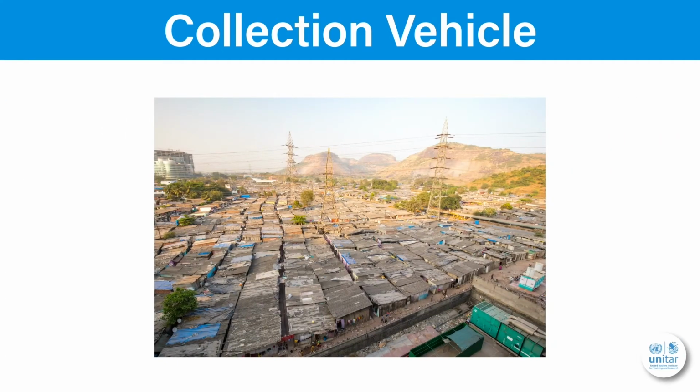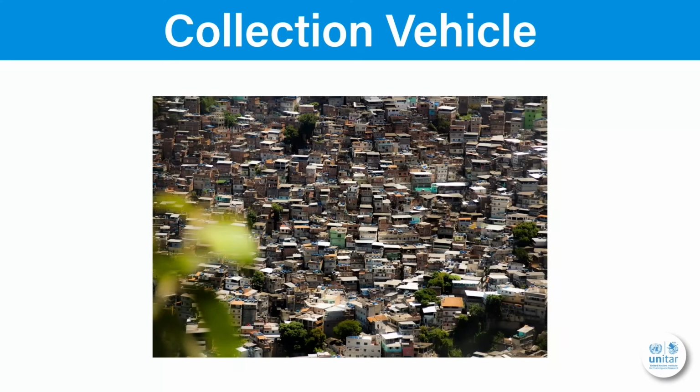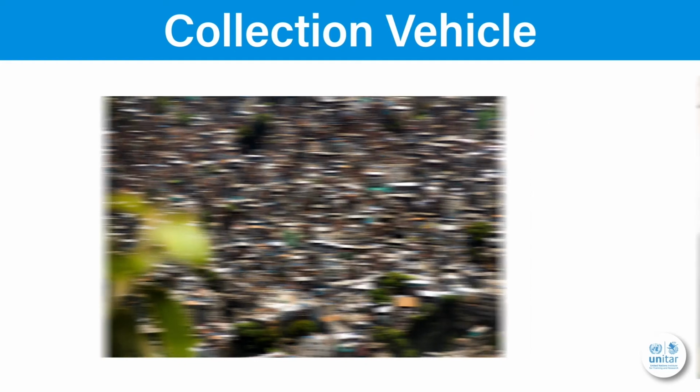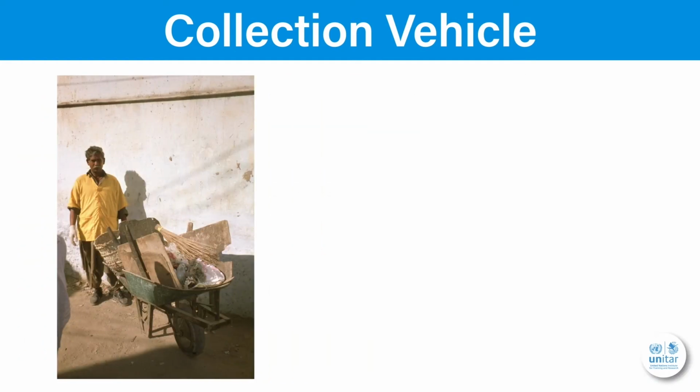Similarly, the lack of roads shown in this image of a slum neighborhood make the access for vehicles very difficult. Or in this case, where the combination of the dense settlement and lack of roads with the steep topography constitutes a challenge for vehicles.